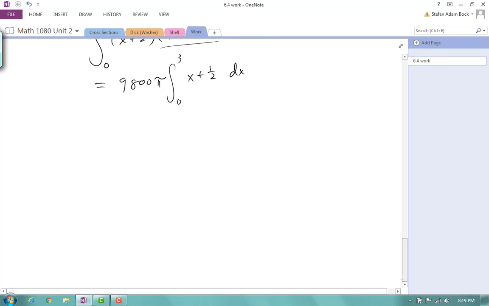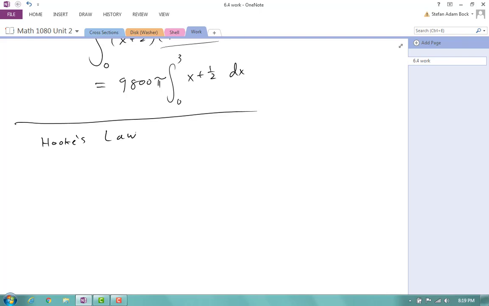Now, there's another type of problem we have out of the work section, and that deals with springs, because we have an easy function describing the force of pulling or pushing springs, and this moves according to Hooke's law. Hooke's law says that the force required to maintain a spring past its equilibrium point is proportional to the distance at which it is pulled or pushed.